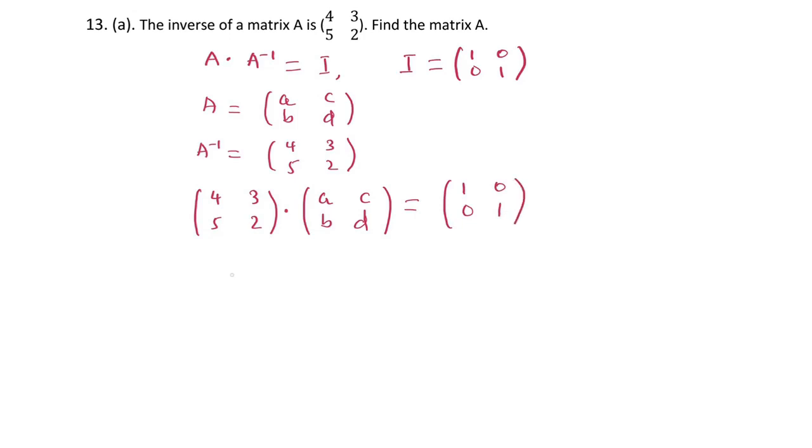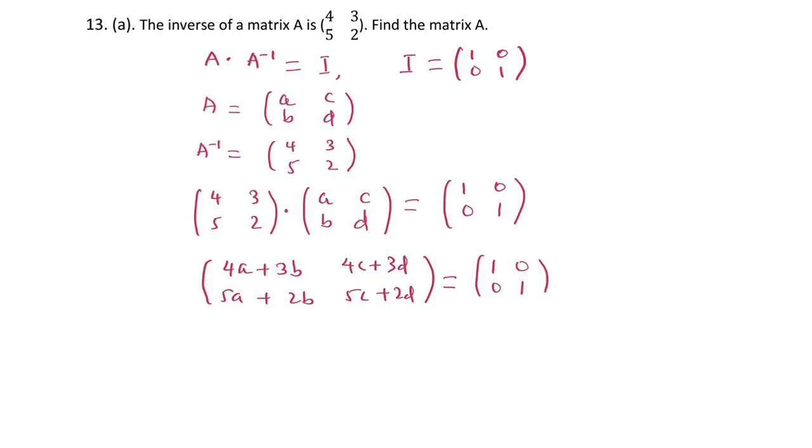Okay, so next we are going to multiply our matrices on our left hand side. Then our equation is going to be 4A plus 3B, 5A plus 2B, 4C plus 3D, 5C plus 2D equals matrix 1, 0, 0, 1.